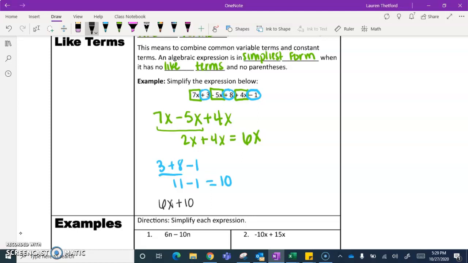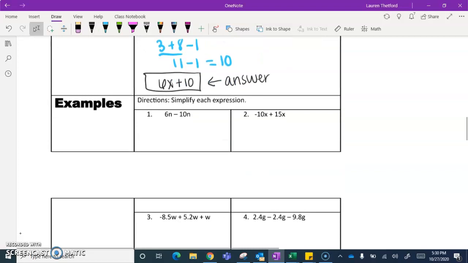And we know it's a plus because this was a positive 10. This is my answer. Your answer will look like an equation, it just won't have an equal sign at the end. The reason that we can't solve for x is because we don't know what it's equal to.